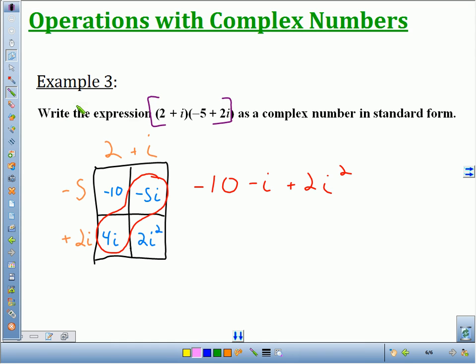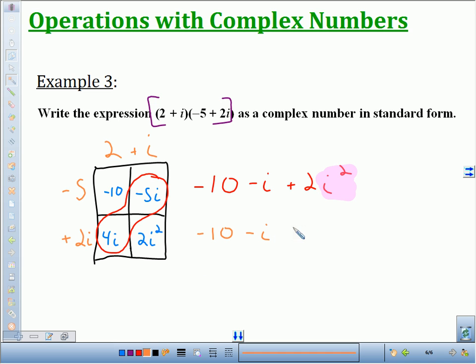But we've seen this before, this i squared. It was one of our definitions. i squared equals negative 1. Means we're not quite done here. We still have negative 10, we still have negative i, but now we have 2 times negative 1.